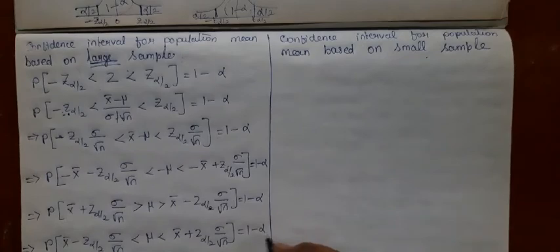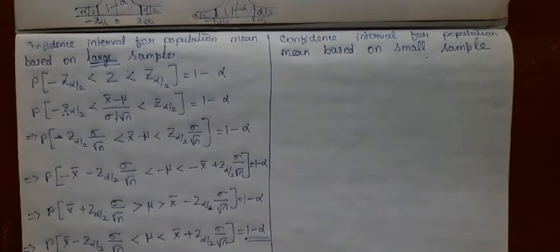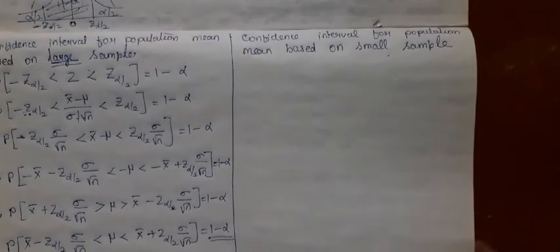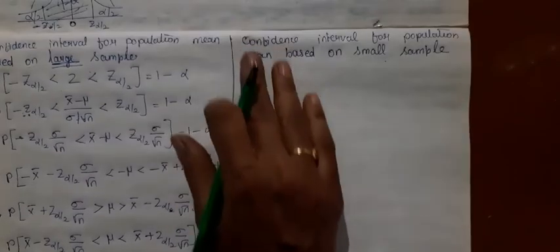That's all. So when 1 minus alpha is the confidence level, the confidence interval for the population mean mu based on large sample is this. So this is the confidence interval for mu when the confidence level is 1 minus alpha based on large sample.